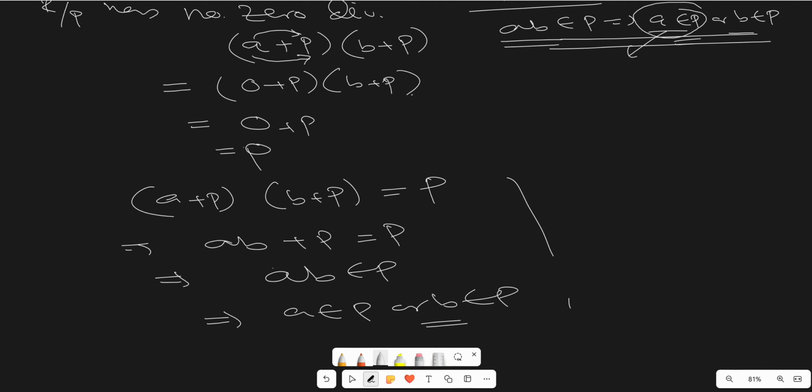Are you getting my point? Similarly, without loss of generality, if you take B to be in P, then this will be 0 and this will still be P. So that's the idea actually.